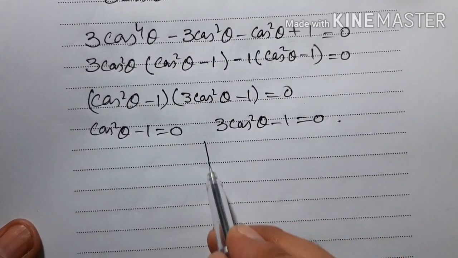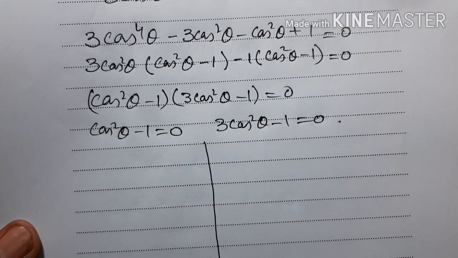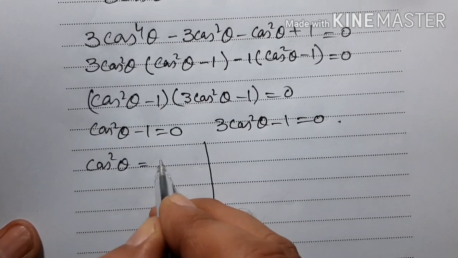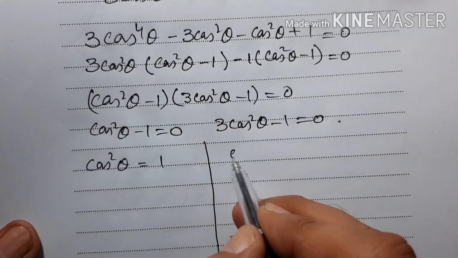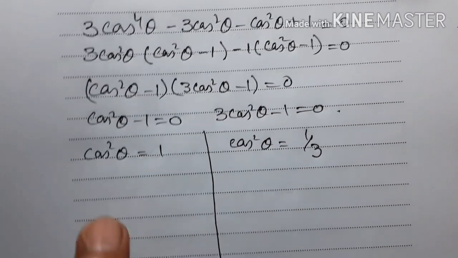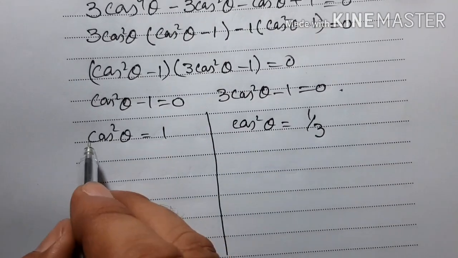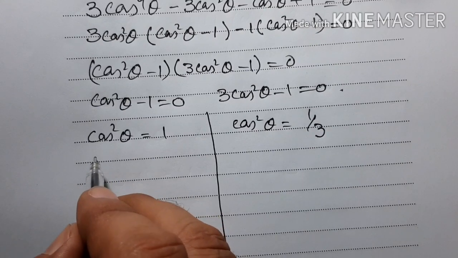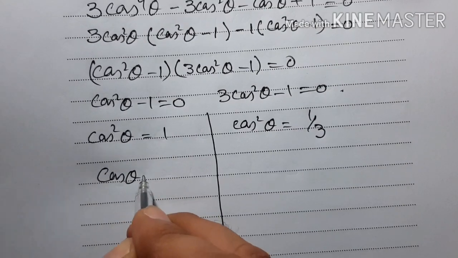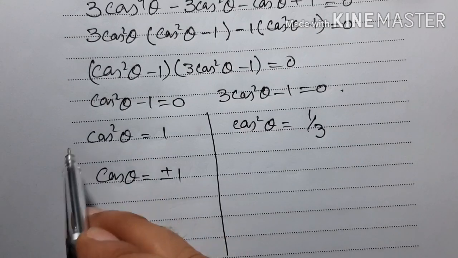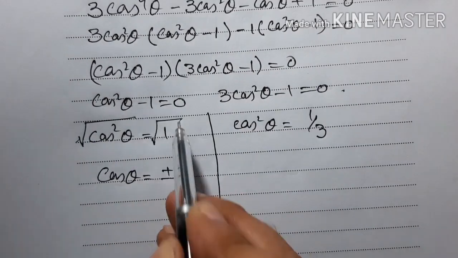So from here I will get two equations. Cos square theta is equal to 1 and cos square theta is equal to 1 over 3. So I'll solve the first, taking square root of both sides. So it will be cos theta is equal to plus minus 1, because a square root always ends up with plus minus.